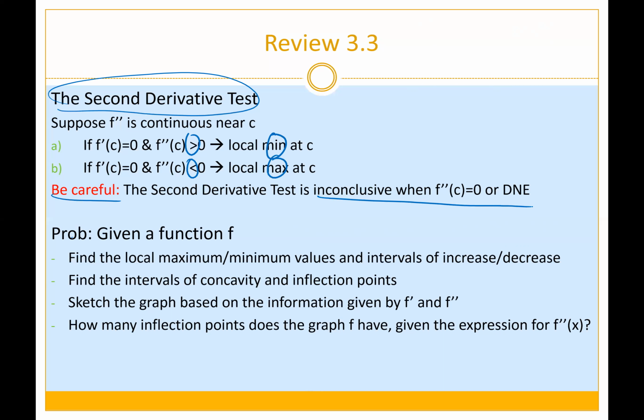We can try working on this in these sessions, but this is just a head start. We're going to look at this one again when we come to section 3.5, and then we're going to be asking things like how many inflection points the graph has, given an expression for f double prime of x.